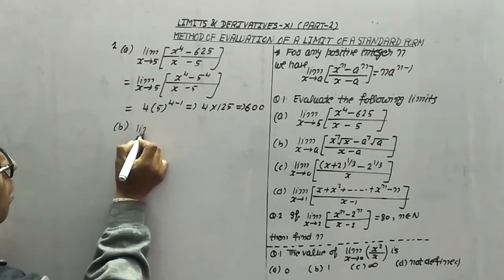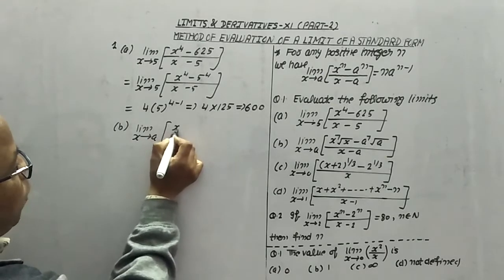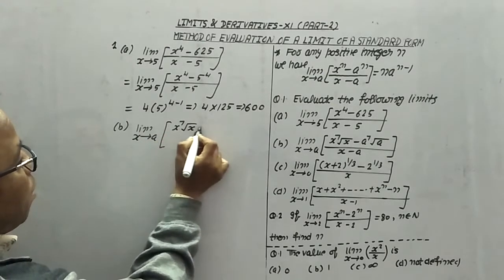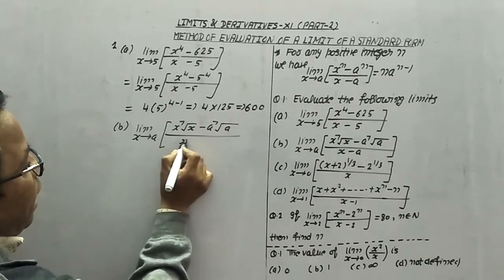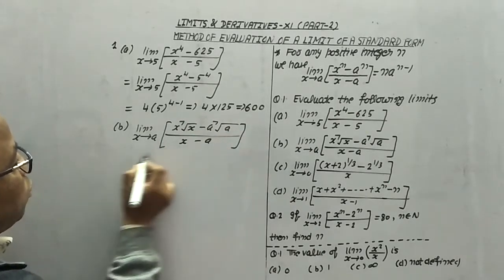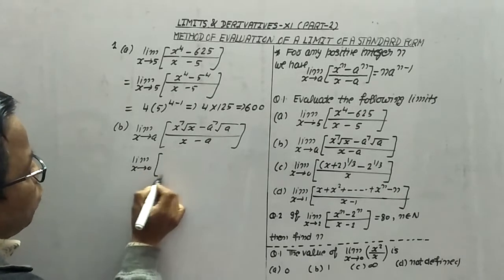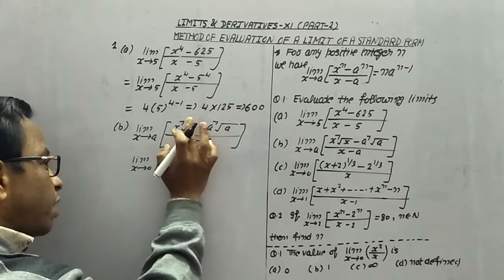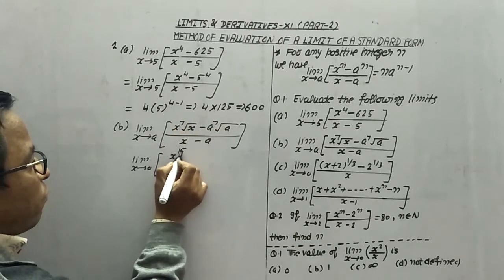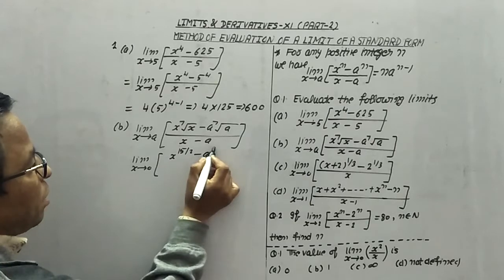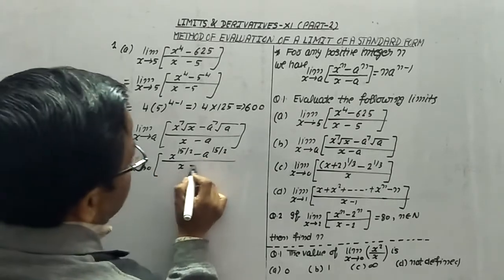Now look at part b: the limit as x tends to a of (x^7 root x - a^7 root a)/(x - a). In this part, we write the limit as x tends to a of (x^(7+1/2) - a^(7+1/2))/(x - a). 7 plus a half means 15 by 2, so this becomes x^(15/2) - a^(15/2) upon x minus a.